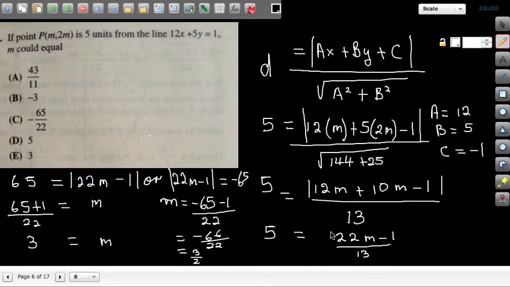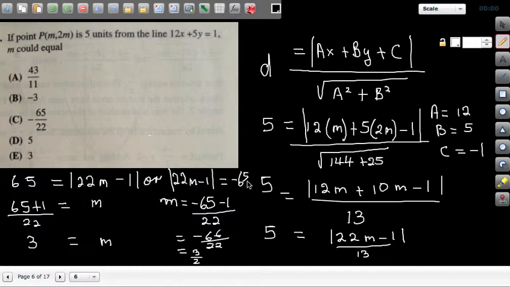And do not forget that this is an absolute value symbol. In a minute, we'll see why that is so important. So 5 times 13 is 65, which is equal to the absolute value of 22m minus 1. Remember, 22m minus 1 could also be negative 65. So if it is positive 65, you will have 65 plus 1 divided by 22, and m is 3.